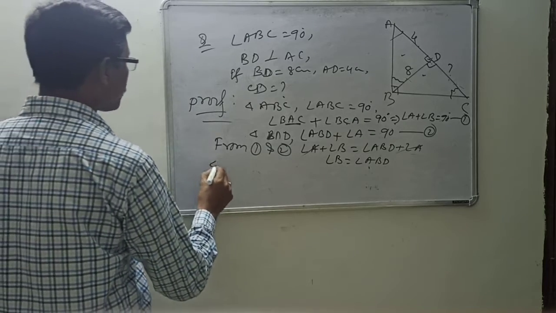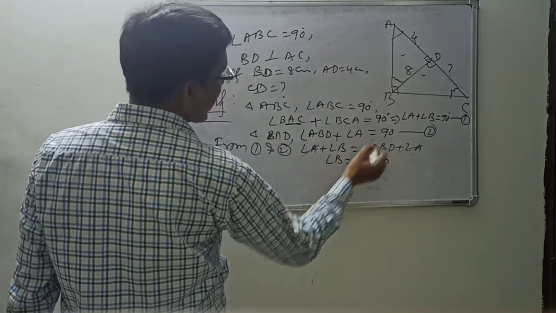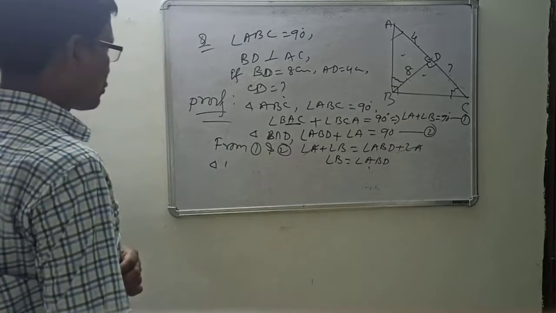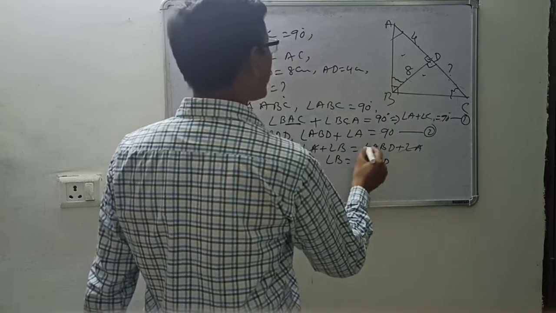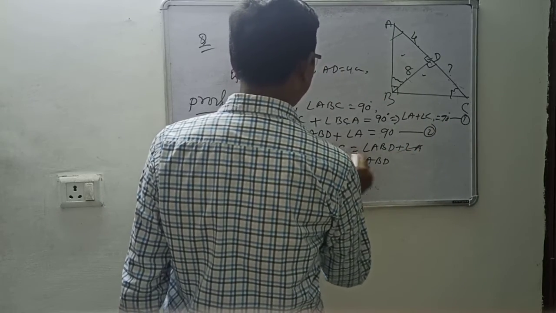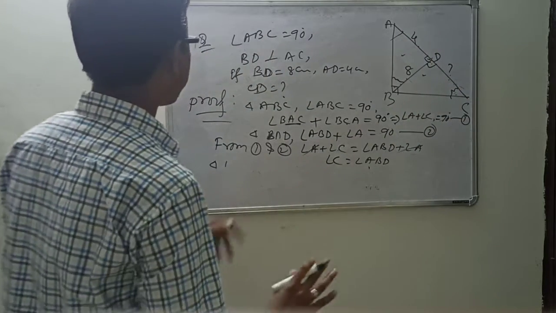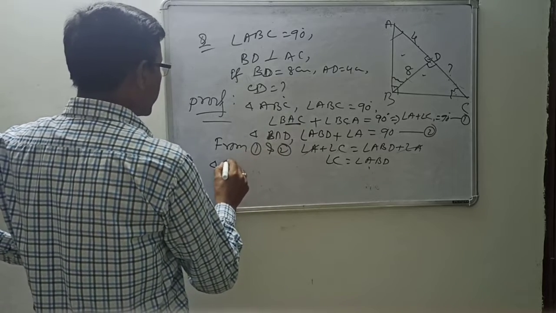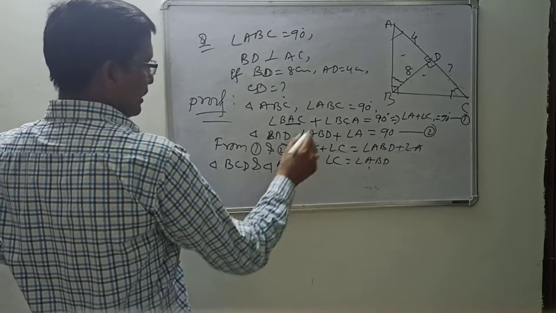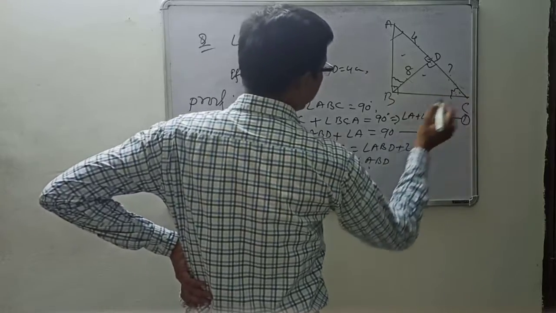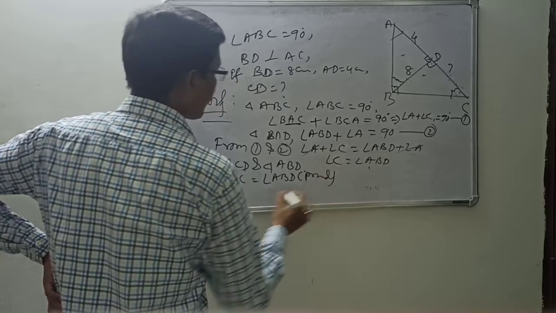So two angles we got. Now two triangles you will take, any name you can give. Angle ABD, and angle B. B means BCA, that means angle C. So angle C is equal to this angle, angle ABD. So for the two smaller triangles BCD and ABD, simply angle C is equal to angle ABD, that is proved.